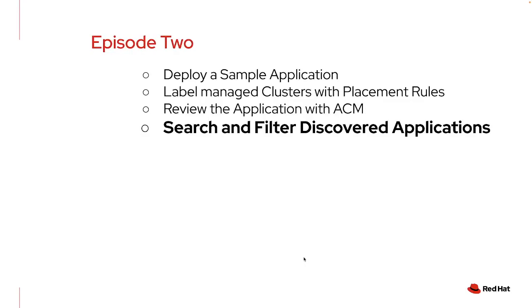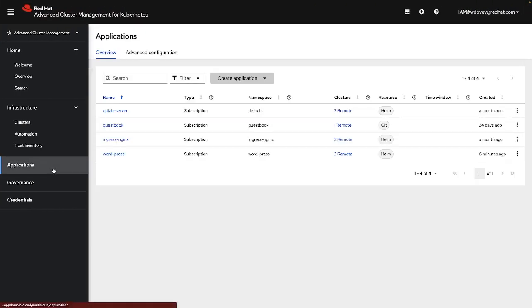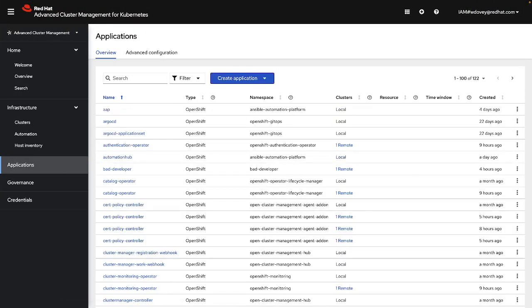The next piece I'm going to look at is search and filter discovered applications. This is a very new feature on ACM. What it allows us to do is discover applications that are being deployed outside of ACM. So if we go back to the console and applications, I'm going to search by last created time.